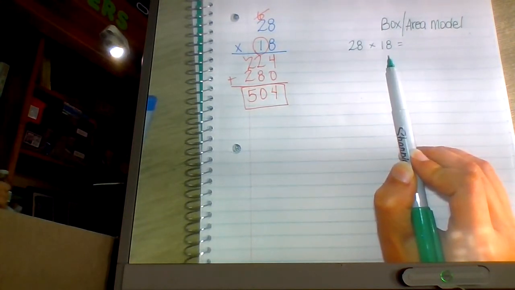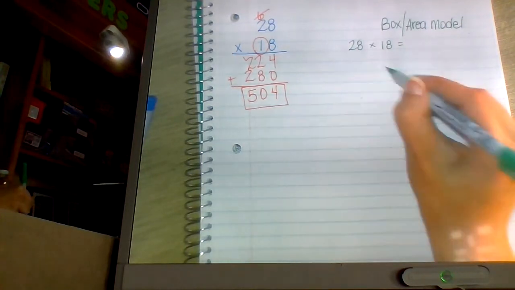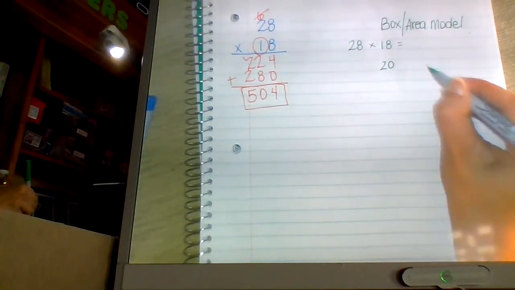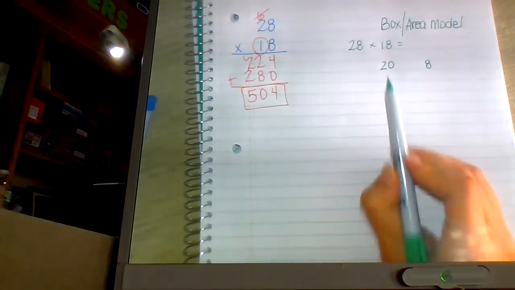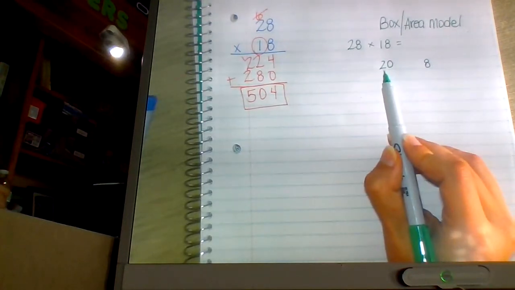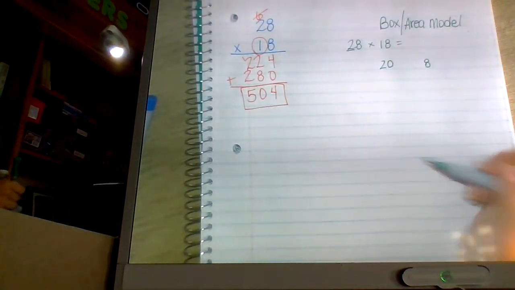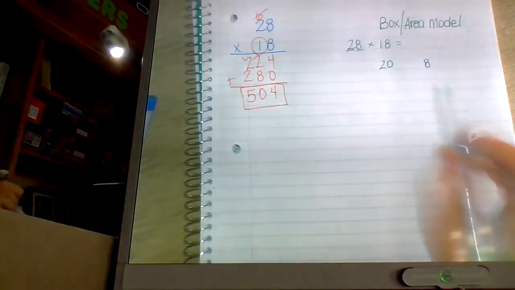We did expanded form the very first week of school, so this is review. So I have a 20 and an 8, because 20 plus 8 is 28, or also we can view it as the value of the 2 is 20 and the value of the 8 is 8.